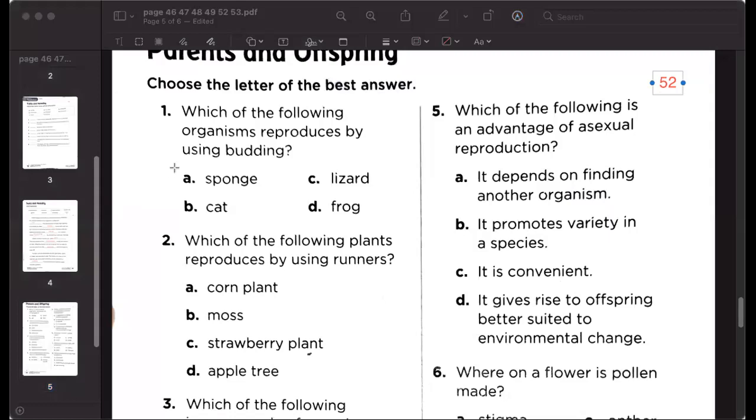Okay. The first one, sponges. Number A. Number 2, that is strawberries. This one, C. Number 5, that is again C.